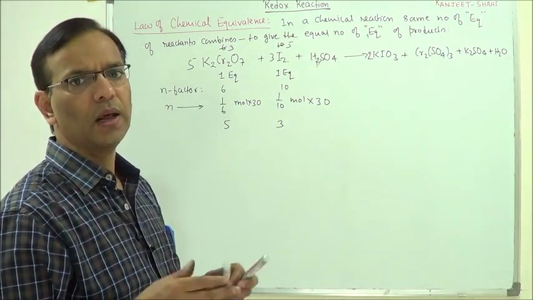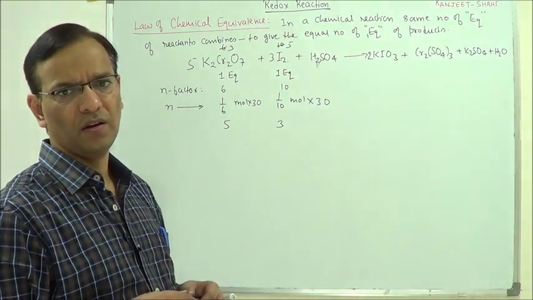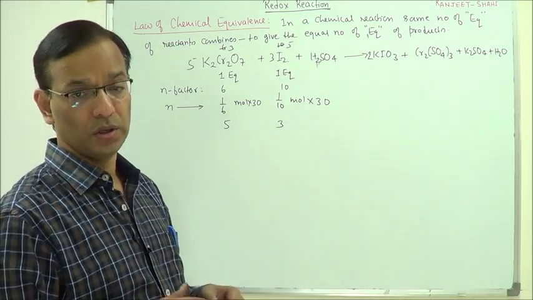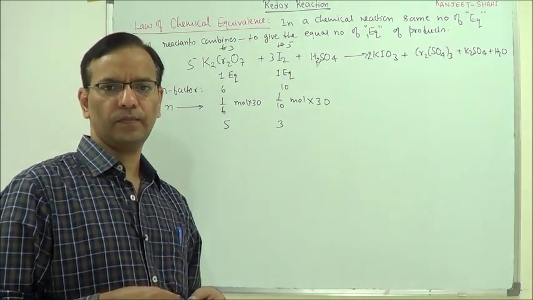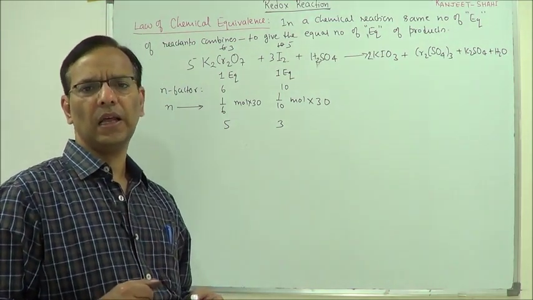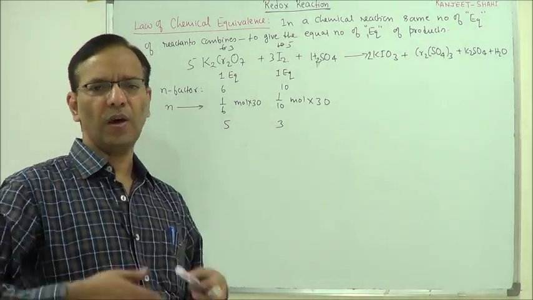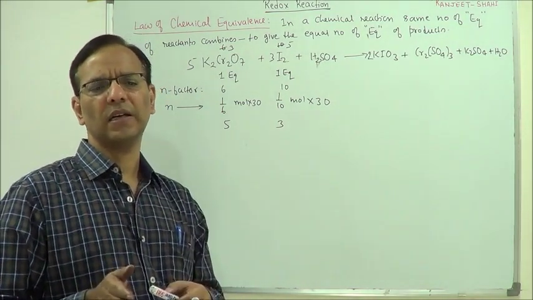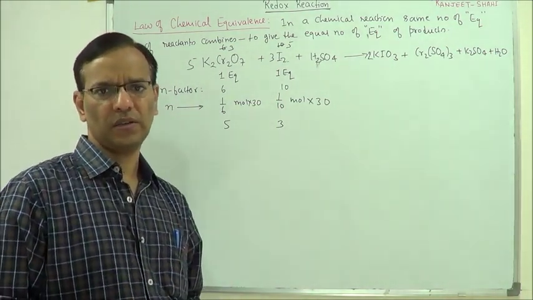Next, there are some common oxidizing agents and some common reducing agents whose reactions are fixed in most redox reactions, and therefore their N factors are also fixed. For those reactions, information is usually not given in the question. We have to derive on our own that for these oxidizing agents these products are formed, and this is the N factor for this reaction.